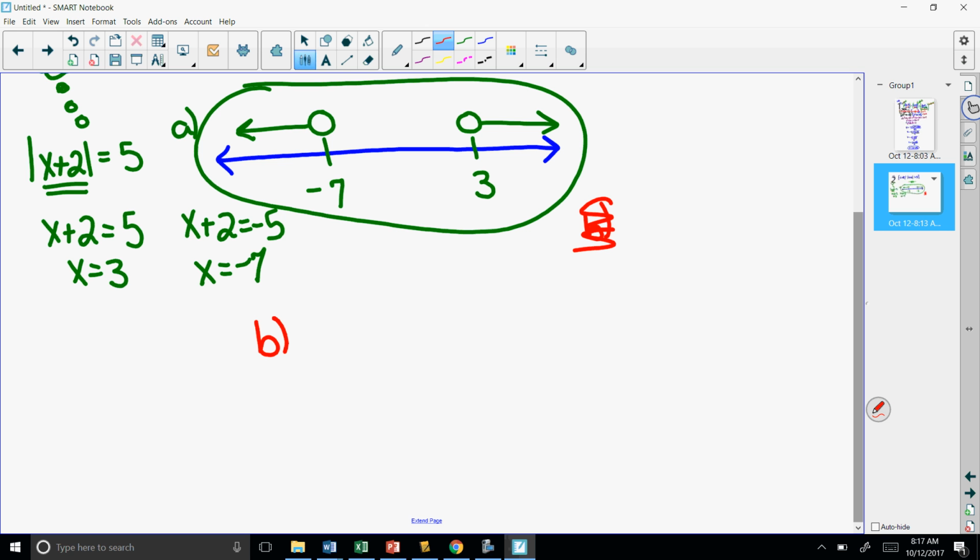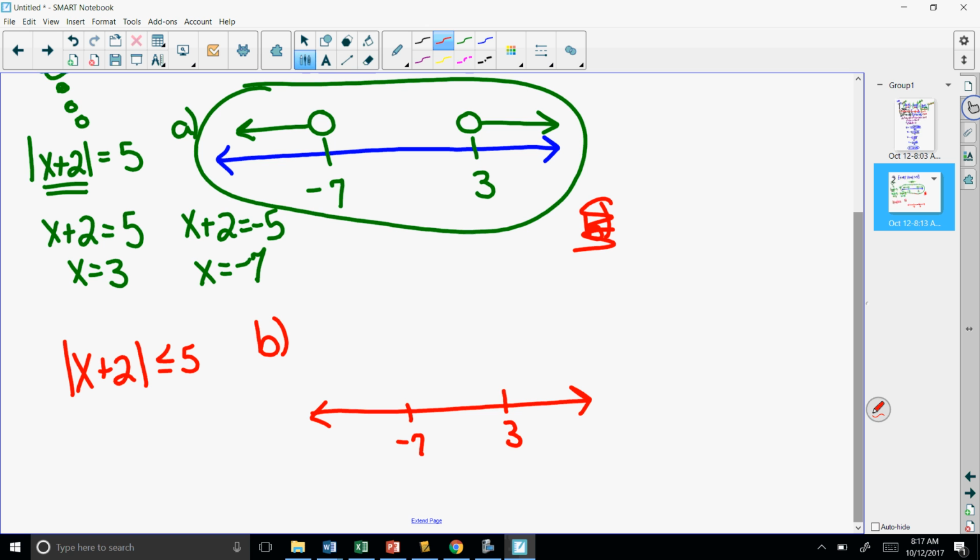What if I ask you to graph B? If I go to part B, it's the same information, right? The only thing now is that it says the absolute value of that quantity x plus 2 is less than or equal to 5. So I still have those two critical points, being negative 7 and 3. Does negative 7 work?